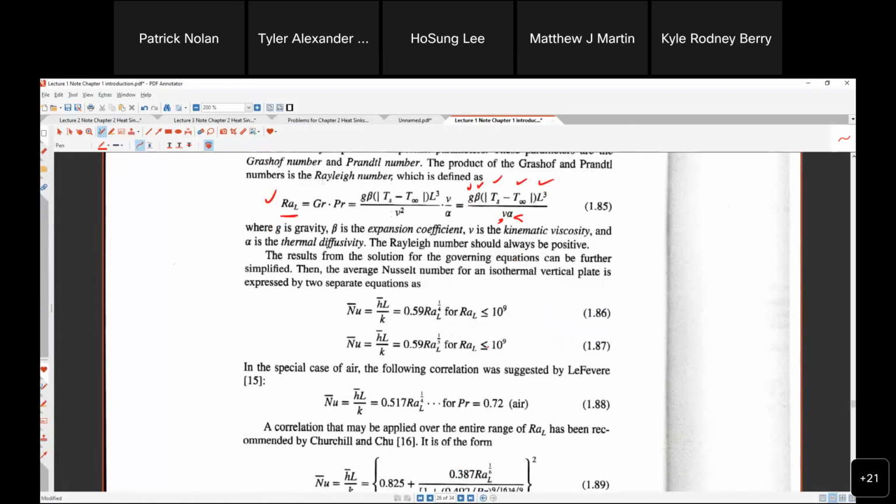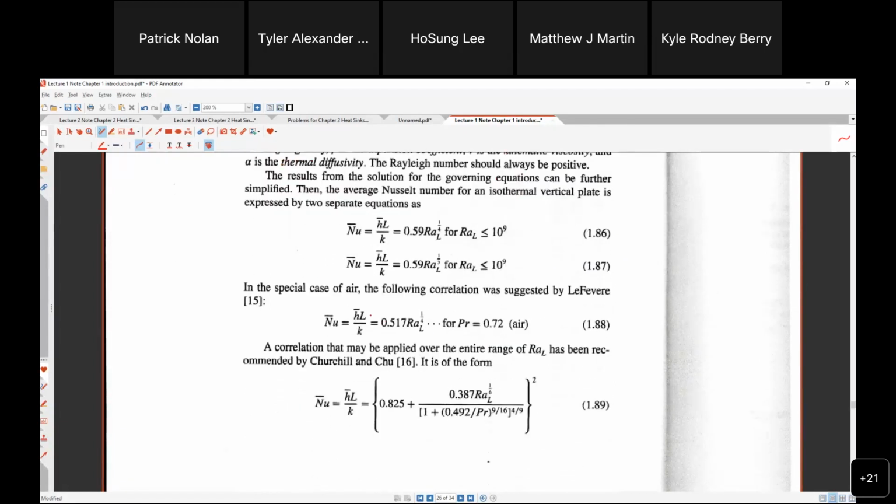So in natural convection, we suggest for air, 0.157 Rayleigh number. Once I have a Nusselt number correlation, you can calculate the convection coefficient h using L and k.